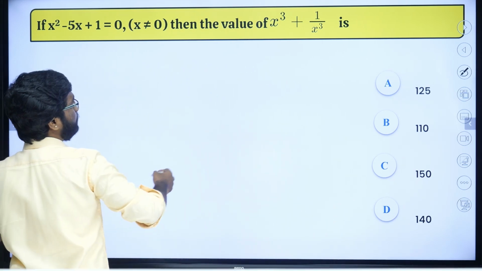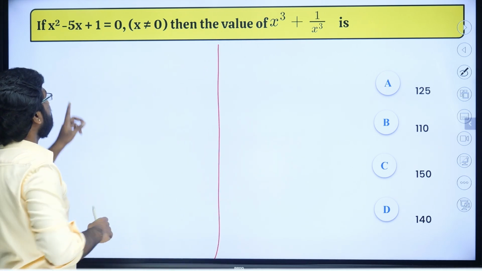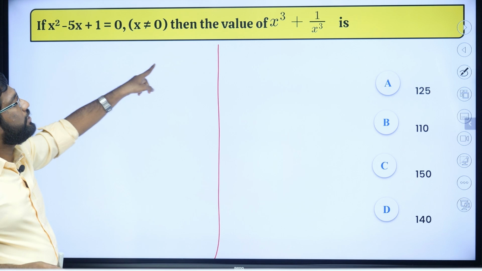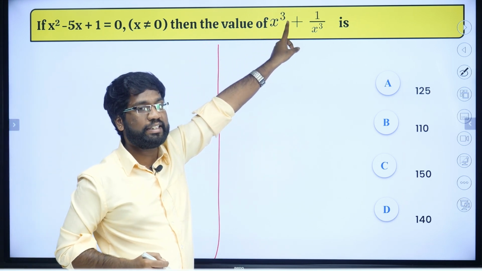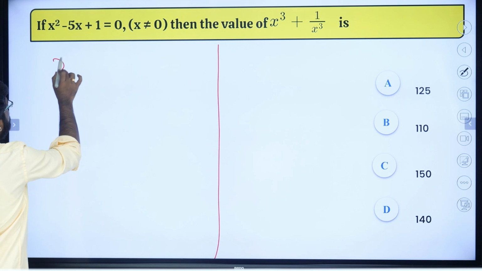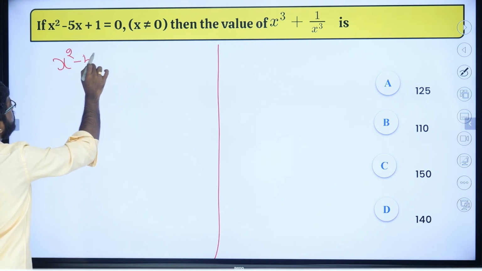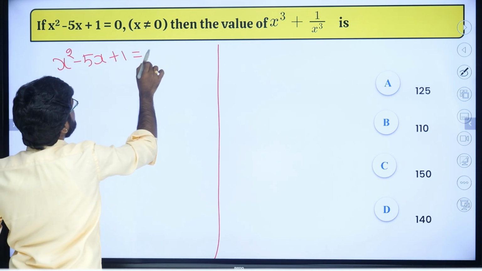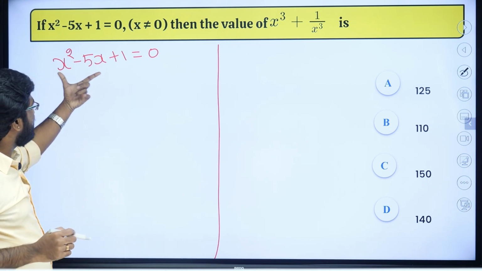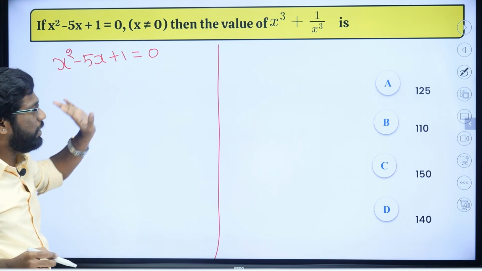Now let's see. Here they have given the quadratic polynomial, my dear students. From this we have to find the x cube plus 1 by x cube answer. So x square minus 5x plus 1 equals 0. Now I have to make this equation into x plus 1 by x format.